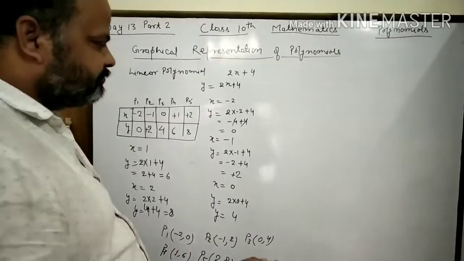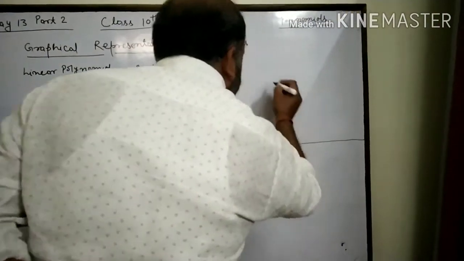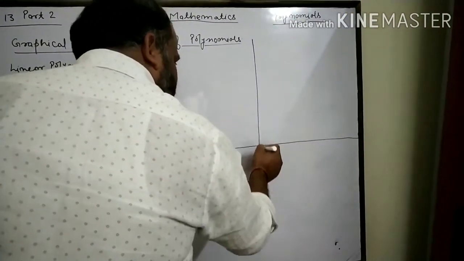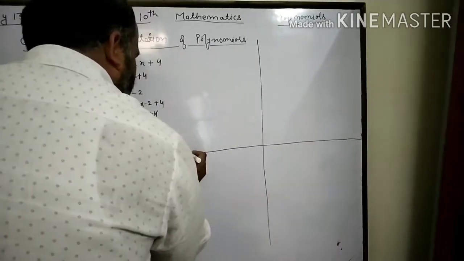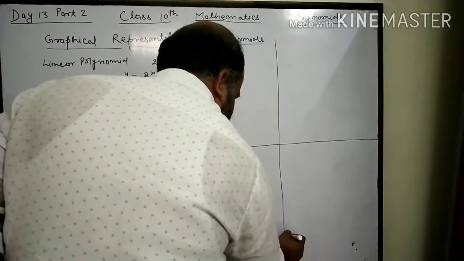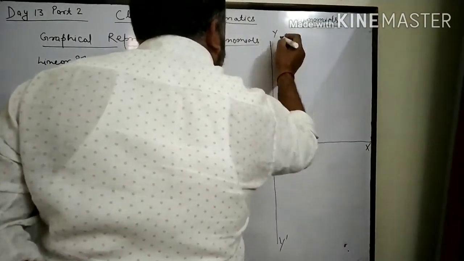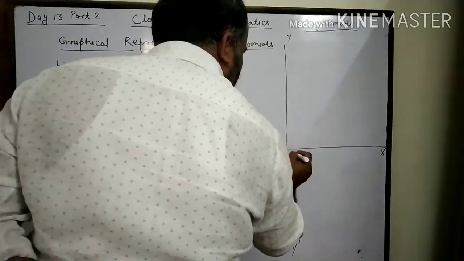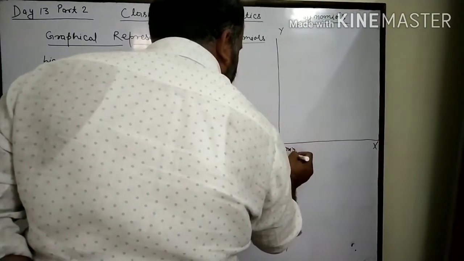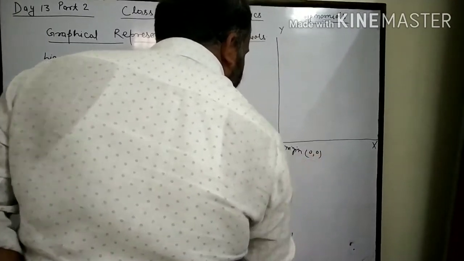Then see here, it is the x axis and y axis. It is called the origin. The coordinate of the origin is 0, 0.